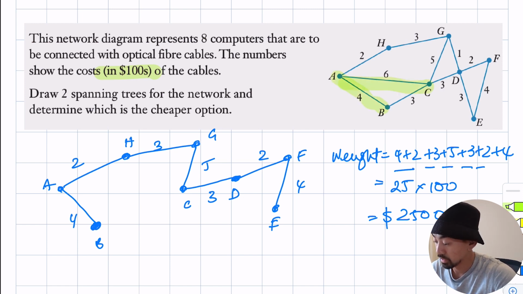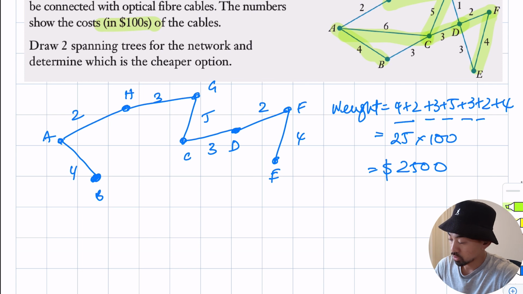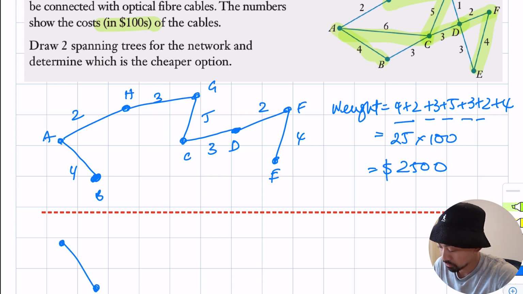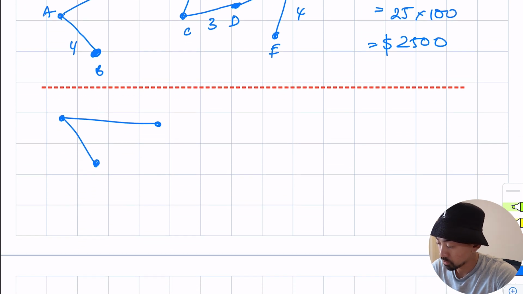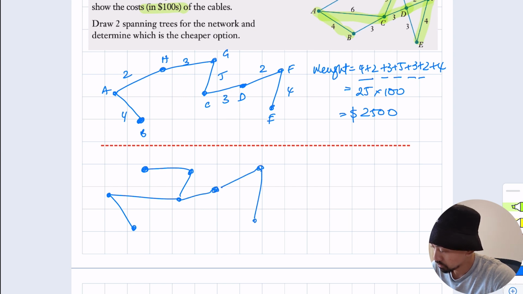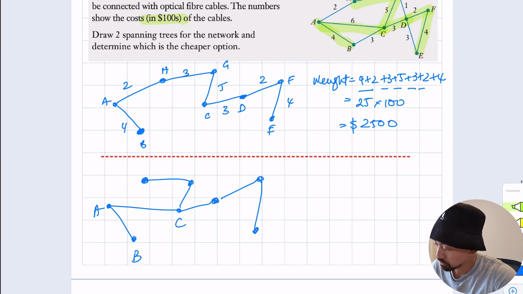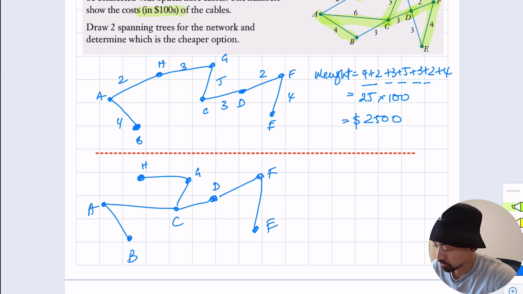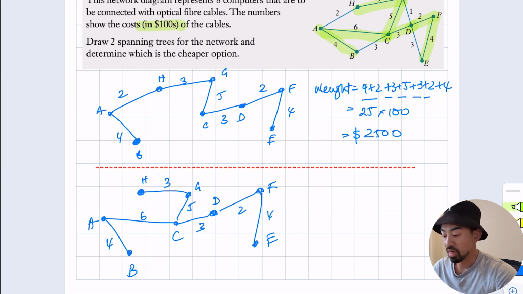So A to B, A to C, C to G, G to H, C to D, D to F, and F to E. So I'll just draw my second one here so you can see. All right, there is my second spanning tree.